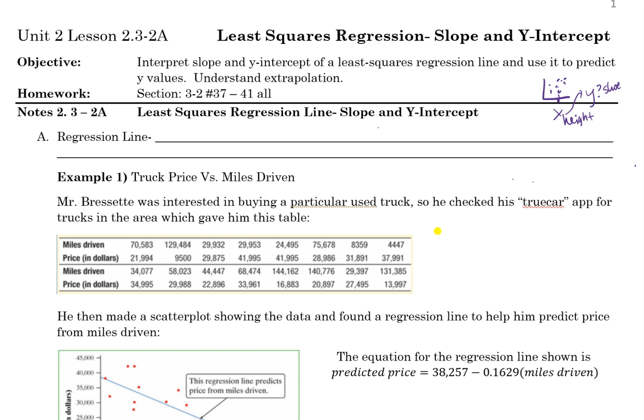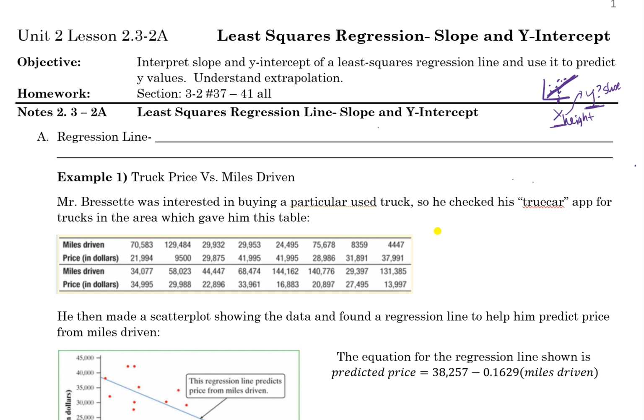So how do I predict Y values from a scatter plot? The way we're going to do that is use an equation of a line. And this line is going to hopefully fit halfway in between as many of these points as possible. That line that we're trying to fit with the data is called a regression line. It actually has a million different names, so I'm going to give them to you now.